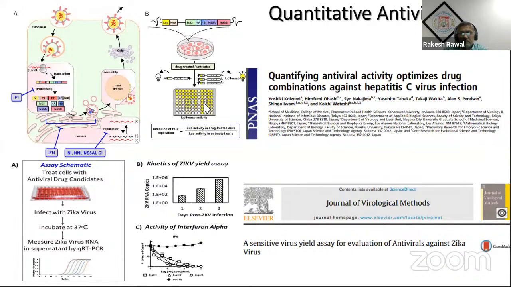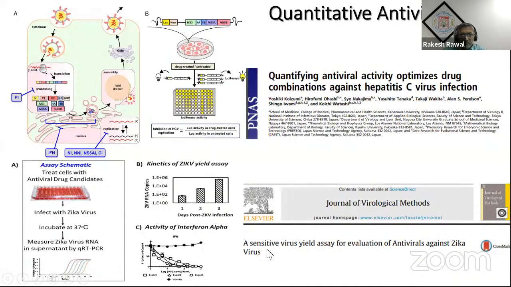Based on that and the color intensity, it is a luciferase based assay, where luciferase activity in drug treated cells versus untreated cells gives the inhibition of viral replication. So whether you are preventing the entry of the virus or its replication, that can also be done through these in vitro assays.